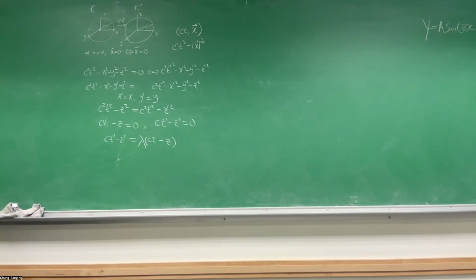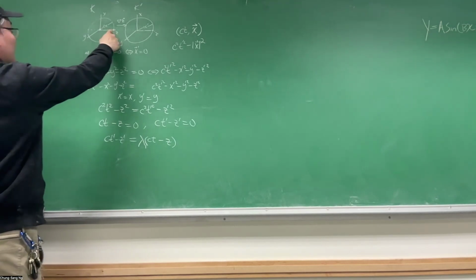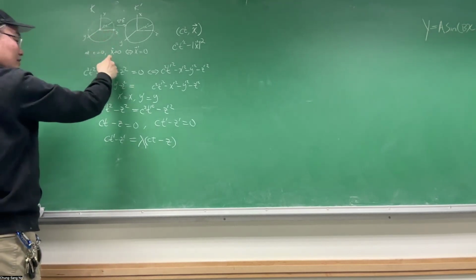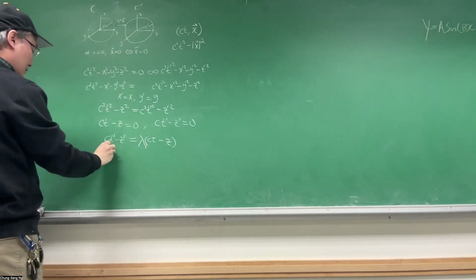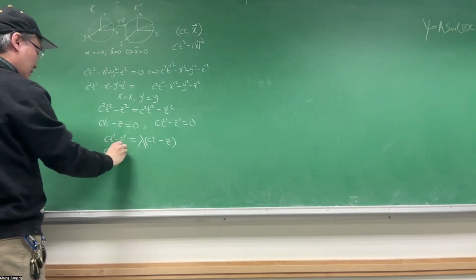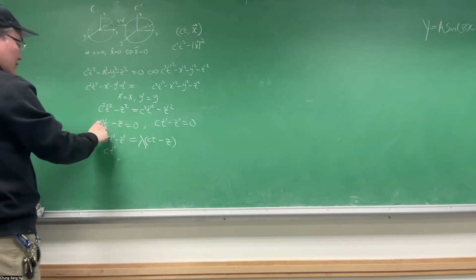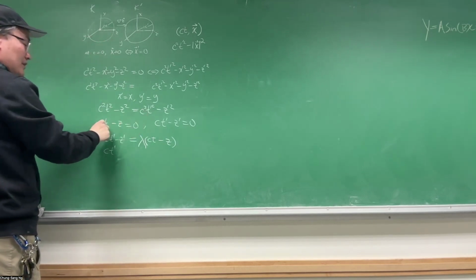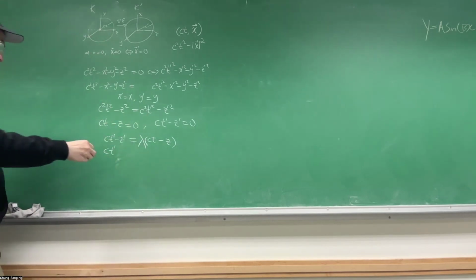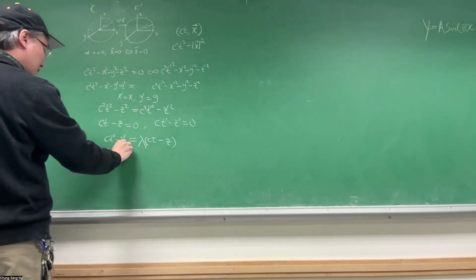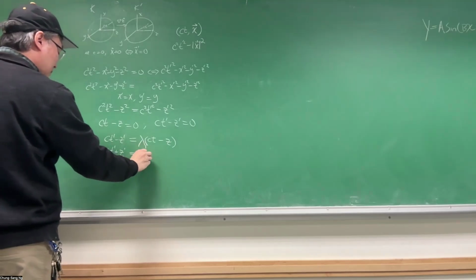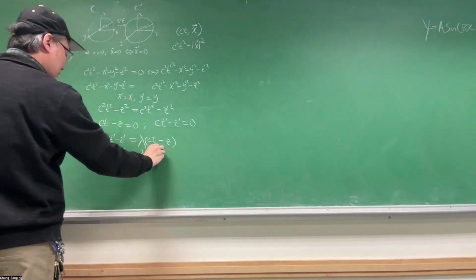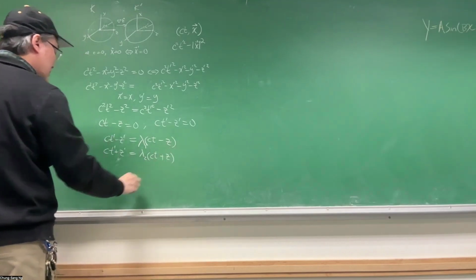Okay. So this is true for the positive c. But for negative c, you can do the same argument and conclude that you have another equation. Now, instead of ct minus c equals 0, it becomes ct plus c equals 0. So ct prime plus c prime equals lambda 2 times ct plus c.